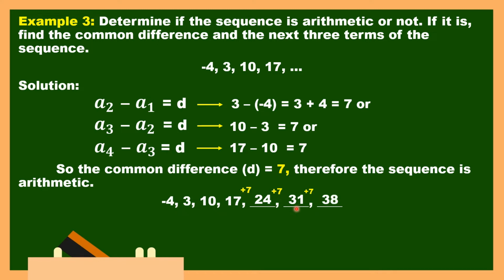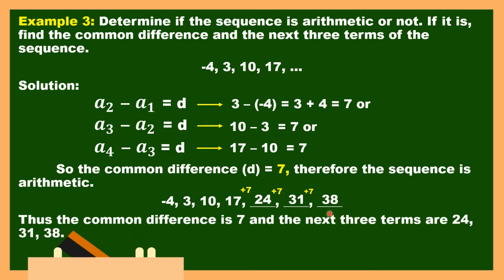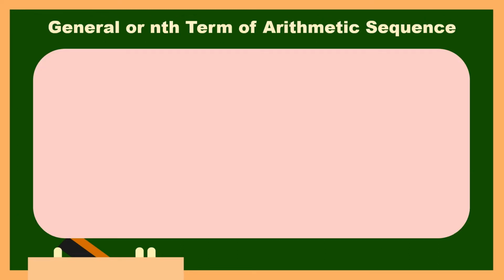Yon, nahanap na natin ang tatlong sumusunod na terms. Thus, the common difference is 7 and the next three terms are 24, 31, and 38. Next is the general or nth term of the arithmetic sequence.